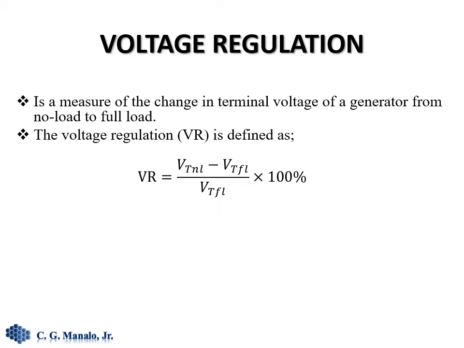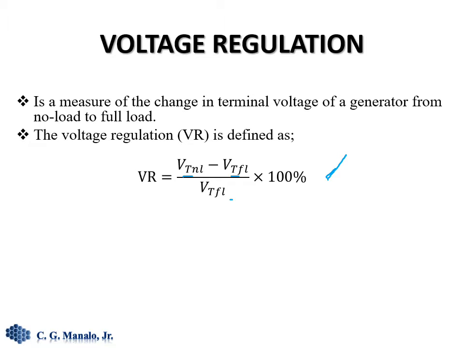So we do this by using this simple formula. So the no load voltage minus the full load voltage divided by the full load voltage times 100%. So that measures the voltage regulation. If the full load voltage is lower than the no load voltage, that will give you a positive value.